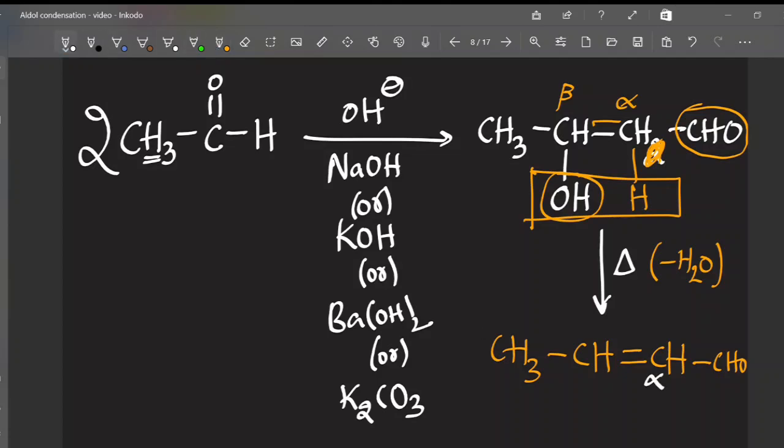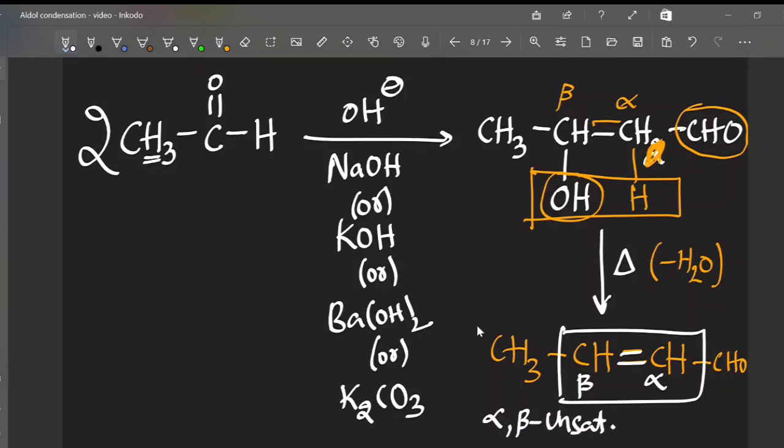This is the alpha carbon and the adjacent one is beta. In between alpha and beta we have a double bond, so we can call it an alpha, beta unsaturated carbonyl compound, right? Hope you understood. The compound name is crotonaldehyde. I'm writing the reaction here once again, please check it. If we take acetaldehyde here, 2 moles.